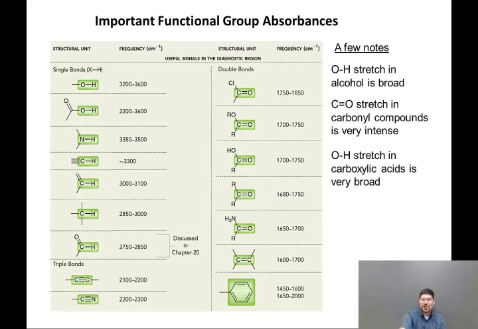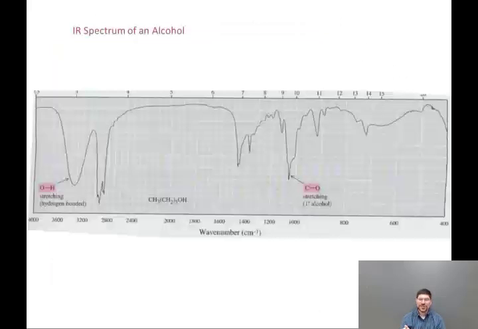So carbon-carbon double bonds in alkenes are generally in the 1600 to 1700 range. In aromatic rings, you will often find more than one peak, one below 1600, one up in the 1650 range. But that's the place to look for the stretches associated with carbon-carbon double bonds. But note that they are not nearly as strong or intense or in your face as the carbonyl stretch for the carbon-oxygen double bond.